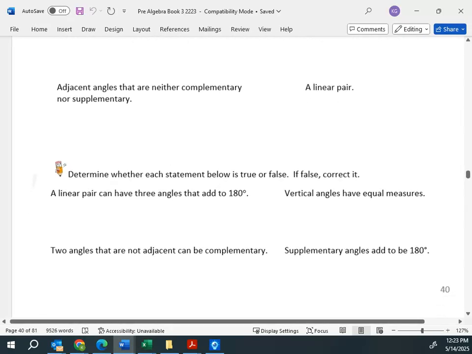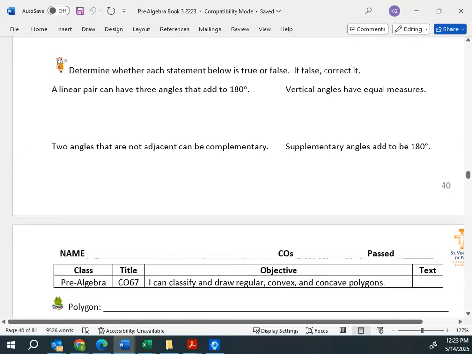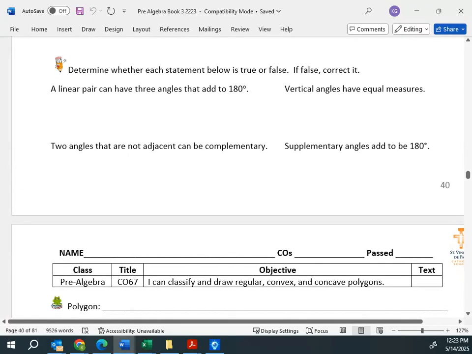Then down here says determine whether each statement below is true or false. If it is false, fix it. Make it be something that is true. So when you read the sentence, a linear pair can have 3 angles that add to 180 degrees. True or false? Christina. False. Why false, Christina?